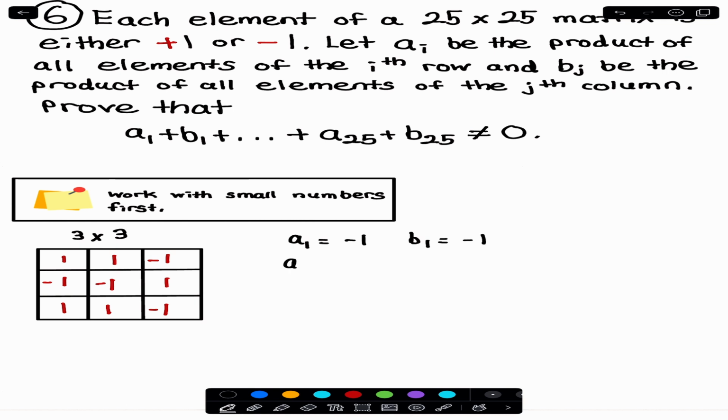And we keep going. I've already done this to the side, so A2 is 1, B2 is -1, A3 is -1, and B3 is 1.